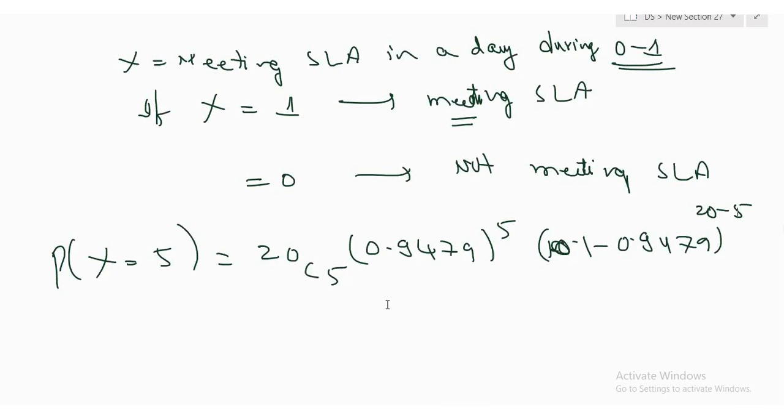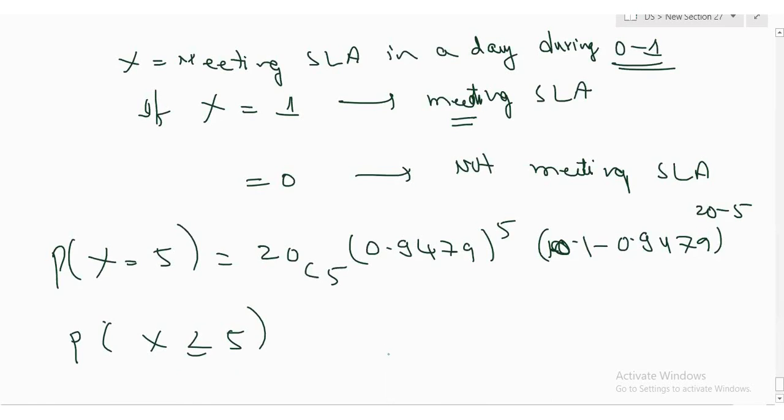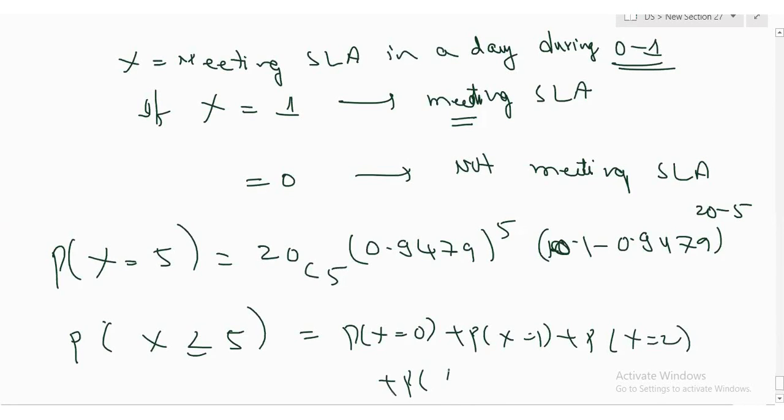I'm talking about the exact, but it makes more sense to talk about the probability of X less than or equal to 5. What is the meaning of this? What is the chance that you are meeting the SLA at most 5 days? That is the probability of meeting for 0 days, meeting for 1 day, like this, up to probability of X equal to 4.